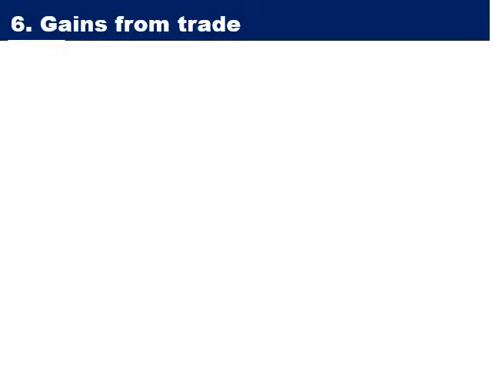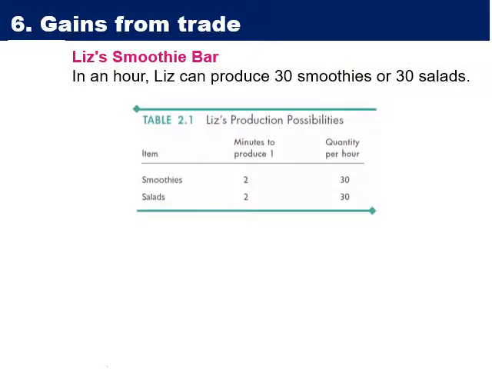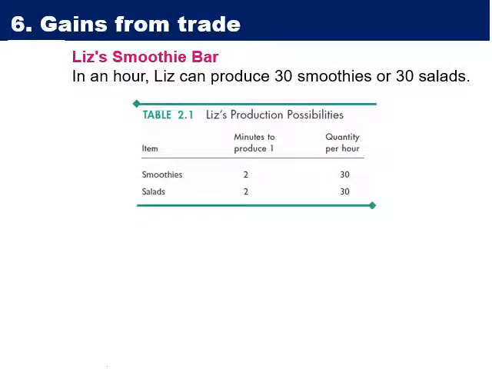To explain the difference between absolute advantage and comparative advantage, assume that we have two persons called Liz and Joe. As shown in table 1, this is the production possibilities of Liz in producing two goods, which are smoothies and salads.